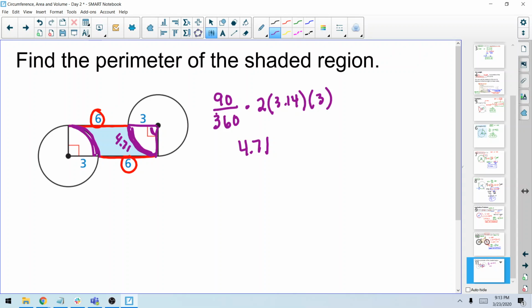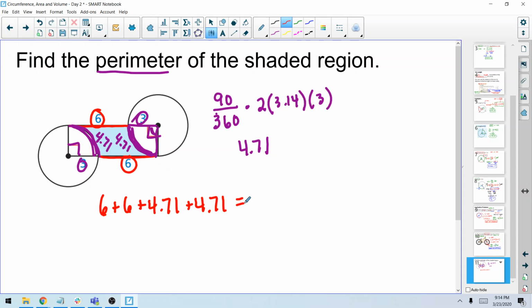Now, what do you notice about the other side? And I hope you notice it's the same thing. This has a radius of 3, that has a radius of 3, this is 90 degrees, this is 90 degrees. So if that one's 4.71, then that one's 4.71. And then if we're trying to find the perimeter, remember perimeter means add all the sides. So we're going to add 6 plus 6 plus 4.71 plus 4.71.